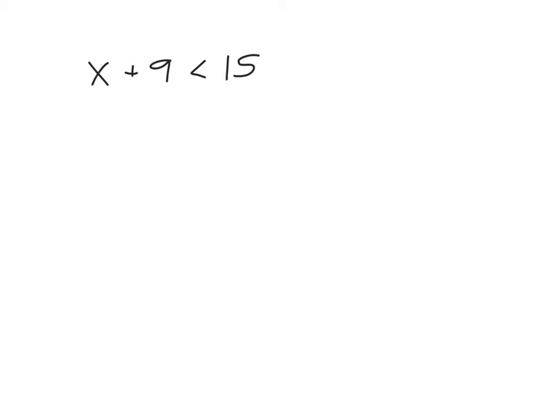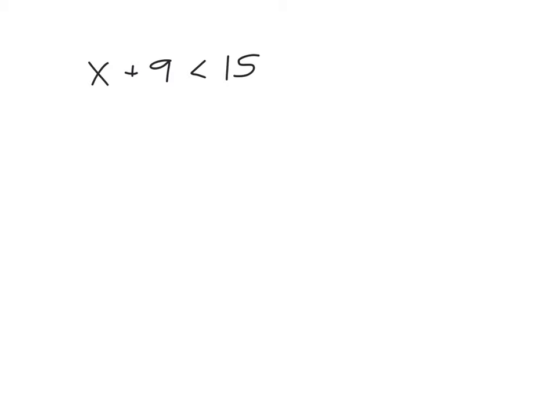So let's start with the inequality x plus 9 is less than 15. Of course, you could start guessing and checking and trying to plug different numbers in for x until you figured out what the solutions look like, but that's typically inefficient. Instead, what we can do is use what we learned in our other unit on solving equations to help us zero in on this solution.